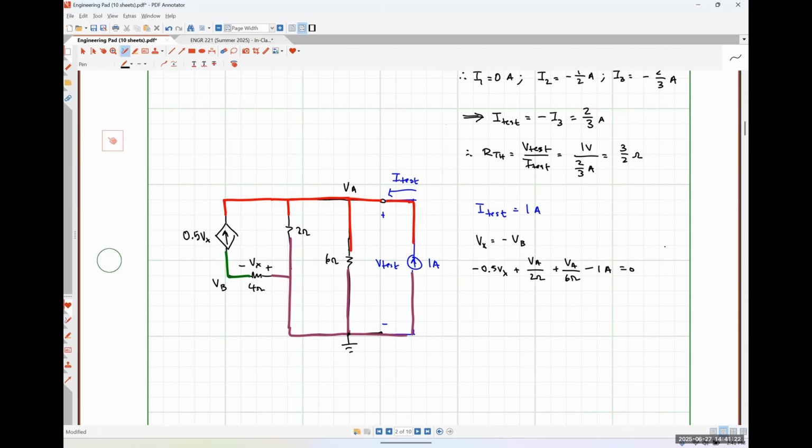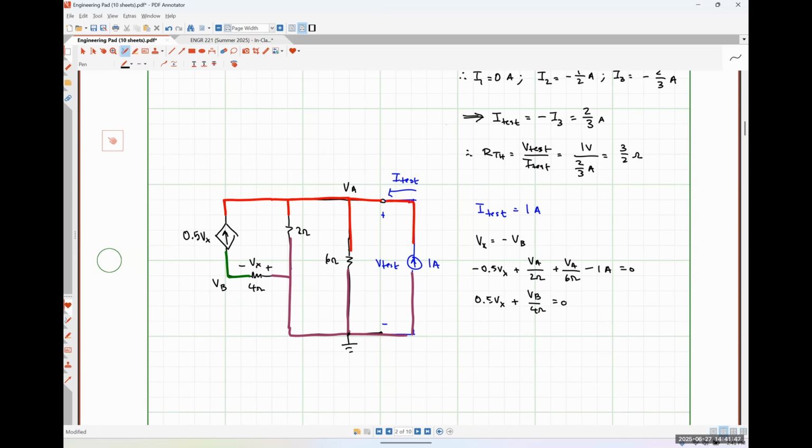And then I'm going to have KCL at node B. So that's going to look like 0.5 Vx plus VB over 4 ohms is equal to 0. And I'm going to solve this as a 3-equation, 3-unknown system.